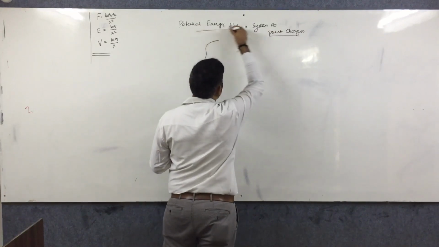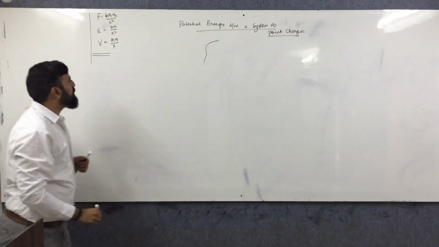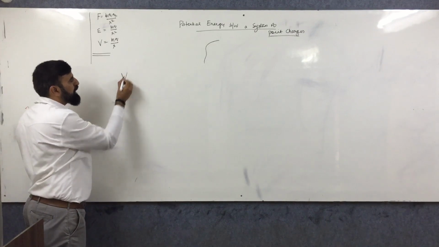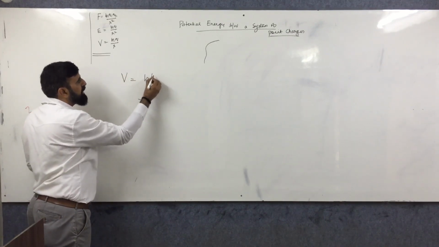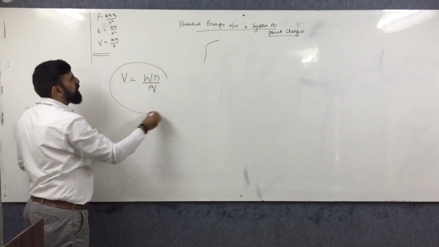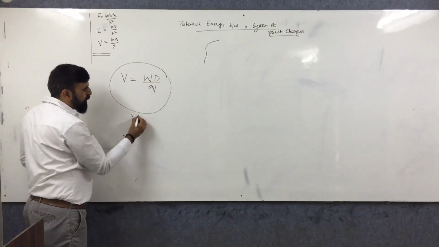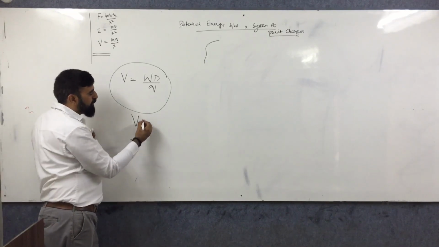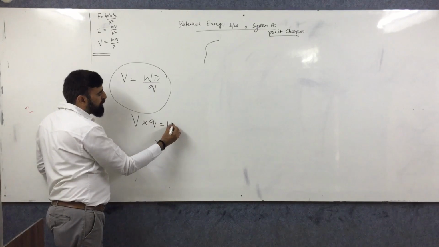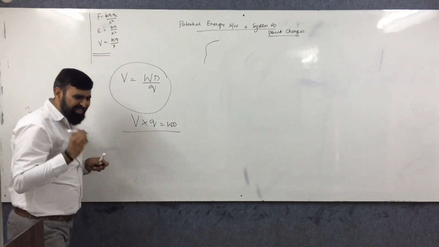So that's my heading. One thing which I again wish to make you clear about is that potential is work done by charge, isn't it? So if I say that the potential at a point is V and I have to bring a charge Q, that is potential multiplied by Q will also give you work done. I think you remember class 10 questions.